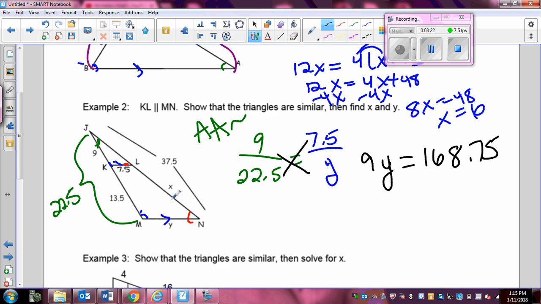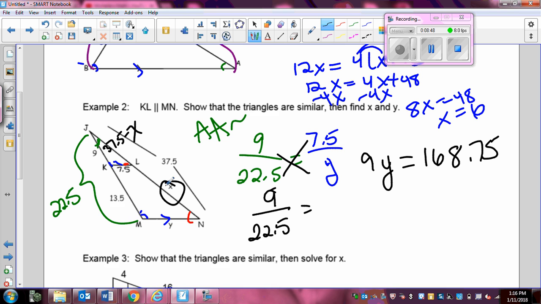Let me help you set up x, which I'm going to ask you for on the Edpuzzle. You can keep the same fraction, 9 divided by 22.5 equals, we're going to use x this time. But x is the bottom part. We need the top part. But if the whole thing is 37.5, then the top part is 37.5 minus whatever x is, right?